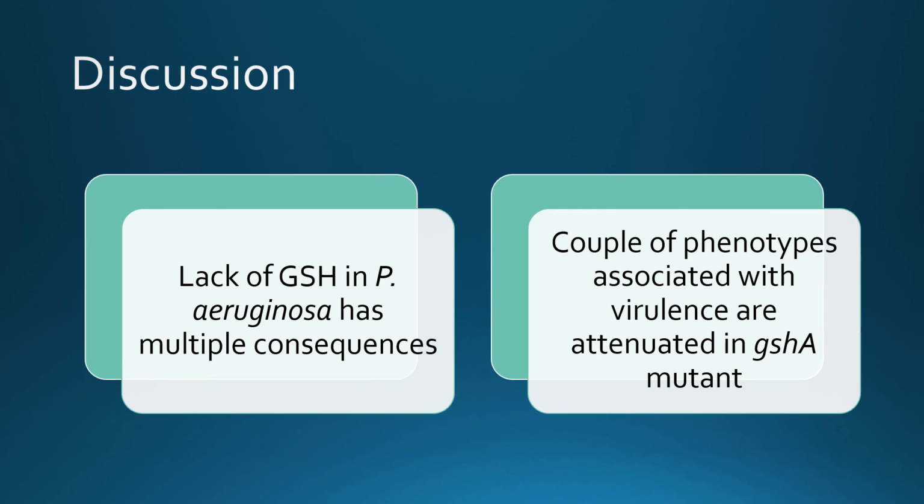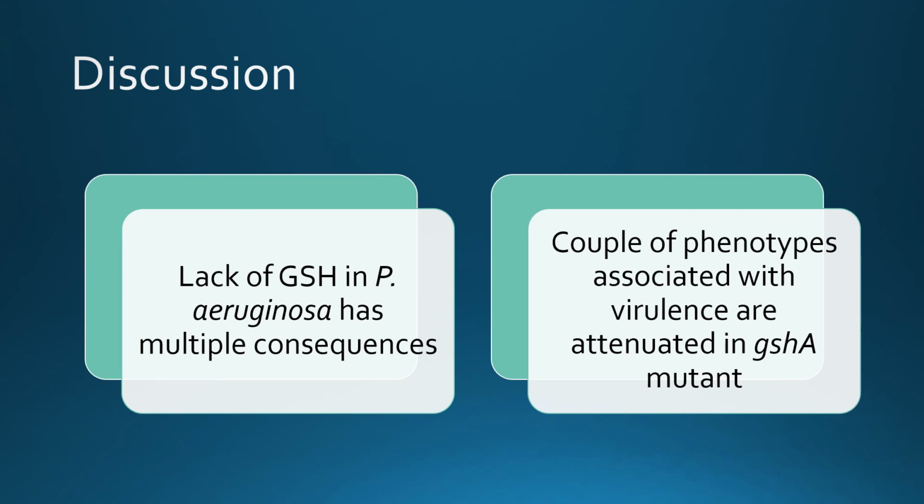So in the discussion, the researchers talked about how the lack of the glutathione in Pseudomonas aeruginosa can have multiple consequences, and that the gshA gene is associated with different virulence factors.